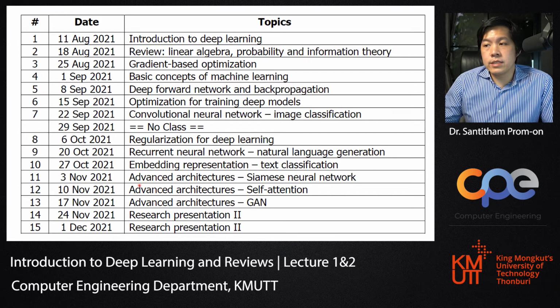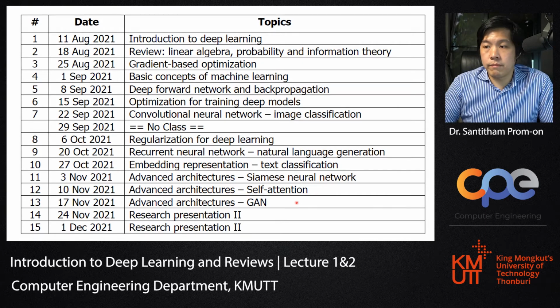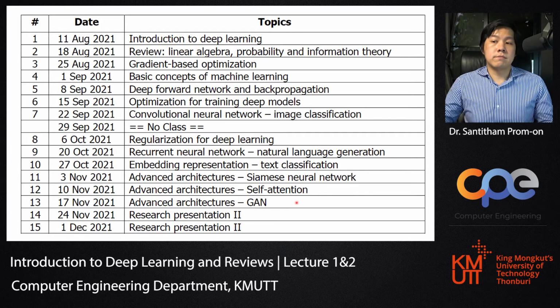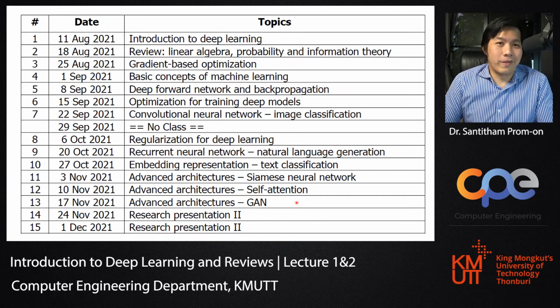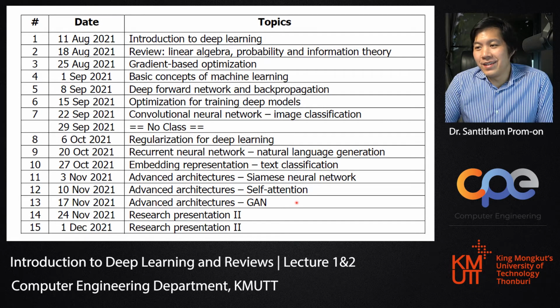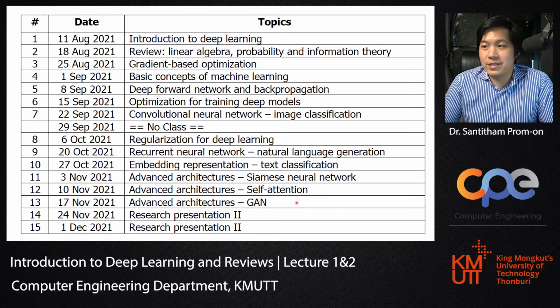Last year I covered the Siamese network, that's why it's here. And for this year we'll talk about self-attention, to learn about self-attention a bit, and GAN, to learn about GAN here in the advanced topics. The advanced topics can be changed, okay, if you want to learn about something else, but at least I'll cover these, and it can be reduced as well, hopefully not. So these three are the advanced topics for this year.